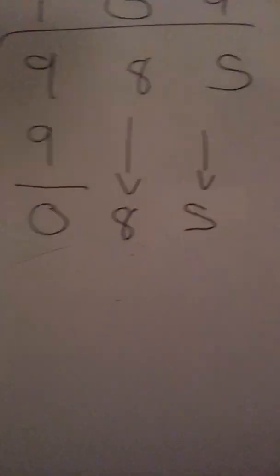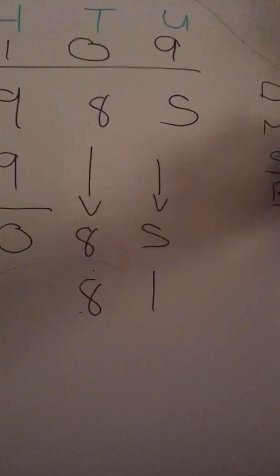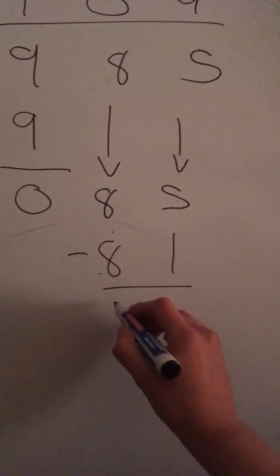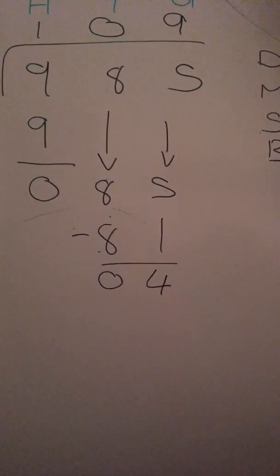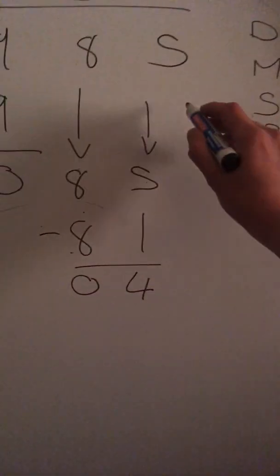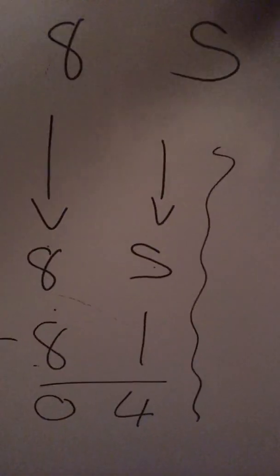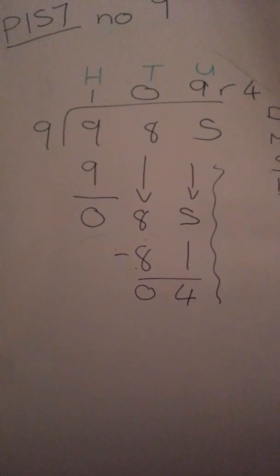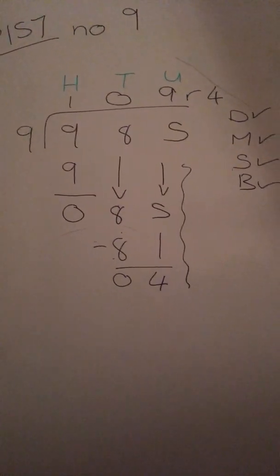Okay? 9 times 9 is 81. Multiplication. Then we do subtraction. And then the last part is, is there anything else to bring down? Nope. Then we're done. We did all our steps and we're left with a little 4 at the bottom. So our final answer for this one is 109 remainder 4. That's it, guys. Awesome.